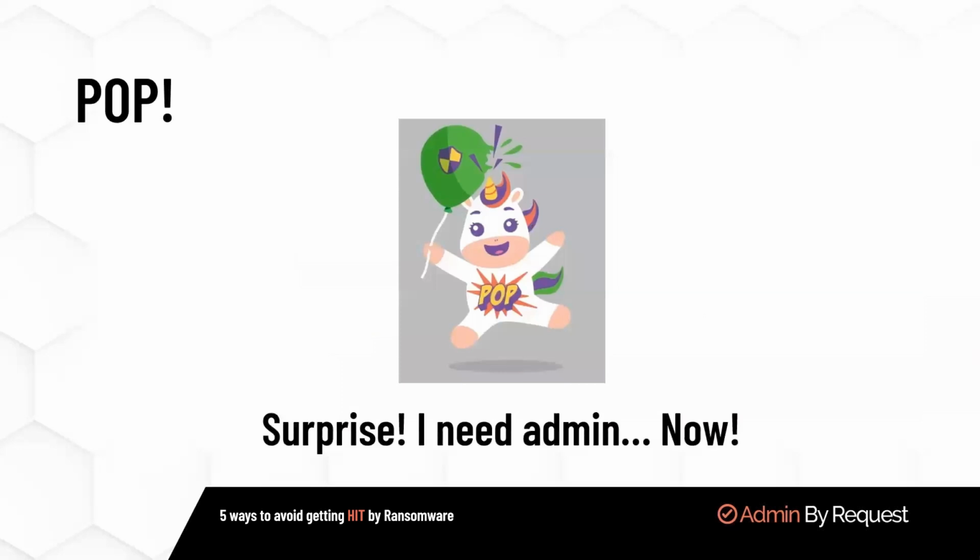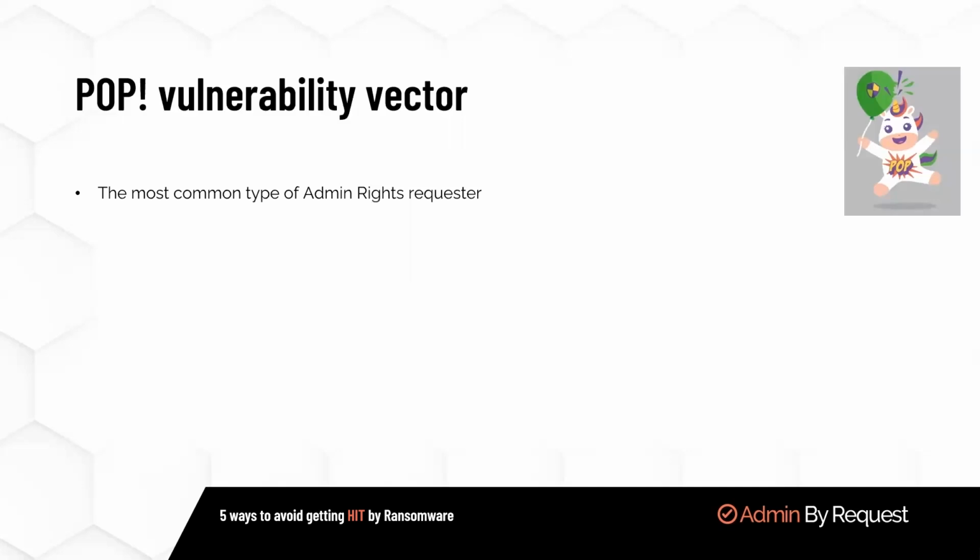So what exactly is POP? Well, I would define POP as probably one of the most common types of local admin rights requester. So you've removed all the local admin rights from your organization, and you're getting users popping up asking for admin to do various things like headset updates and maybe plugins or whatever.